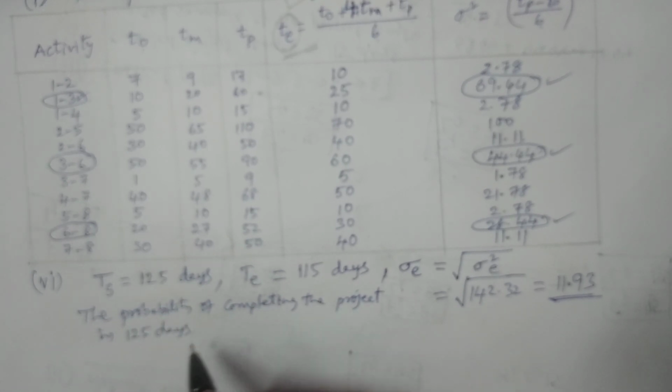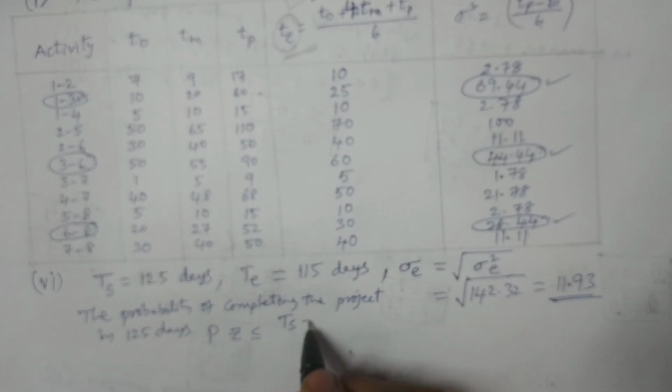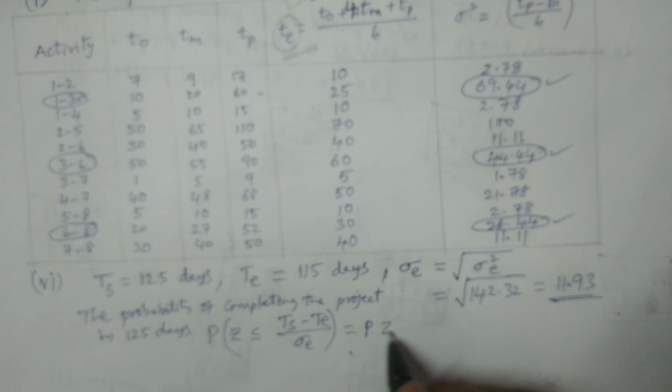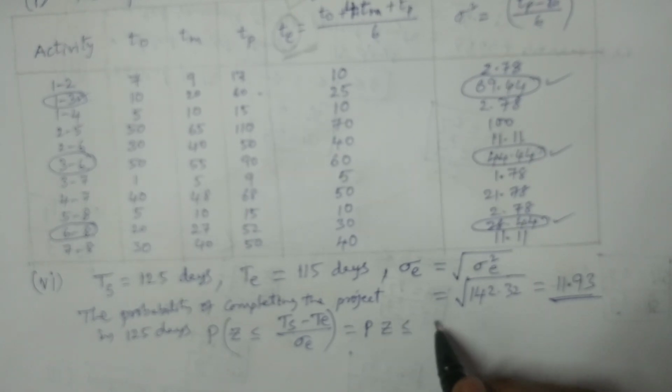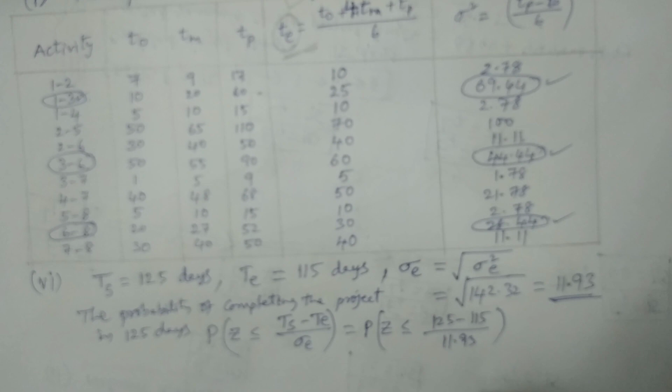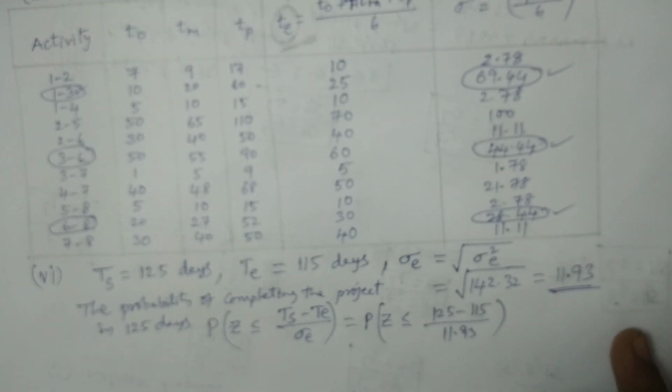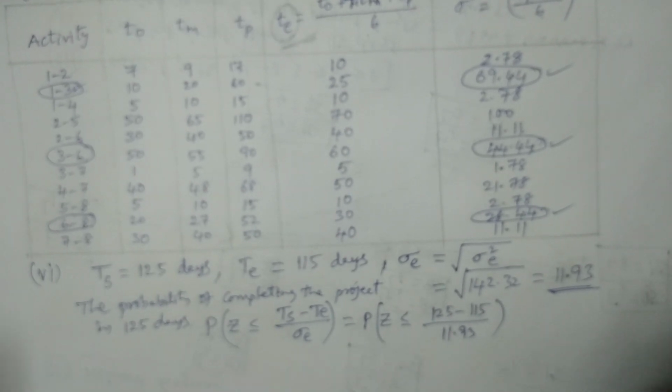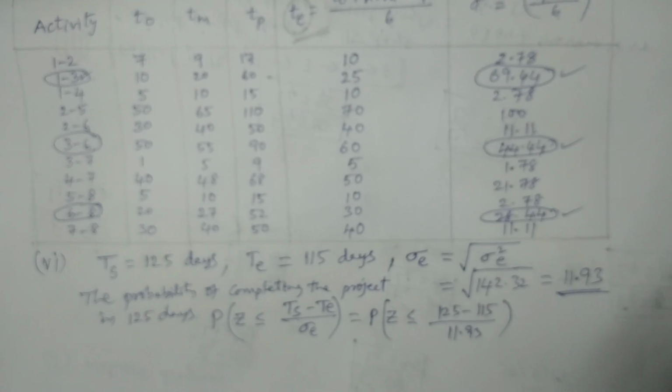It is calculated as the probability of Z less than or equal to (Ts minus Te) divided by sigma E. That is, the probability of Z less than or equal to (125 minus 115) divided by 11.93. These are the calculations we need to consider. Is it clear?